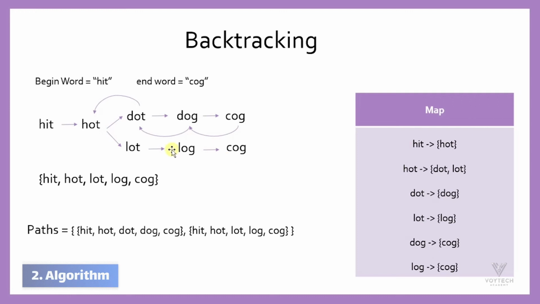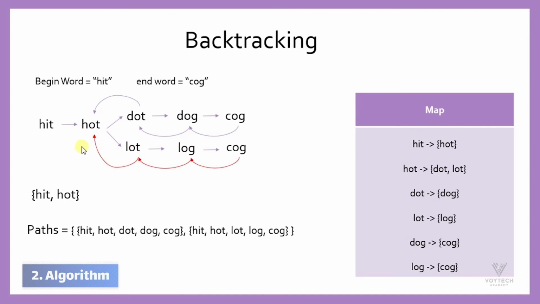So we backtrack again. We go from cog to log and remove cog from the current path. So like this, we remove it. There's no other transformation from log to cog. There's just one. And then we backtrack again. There's no other transformation other than these two.